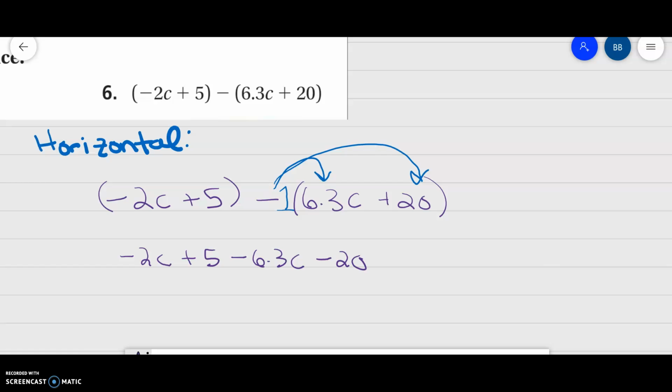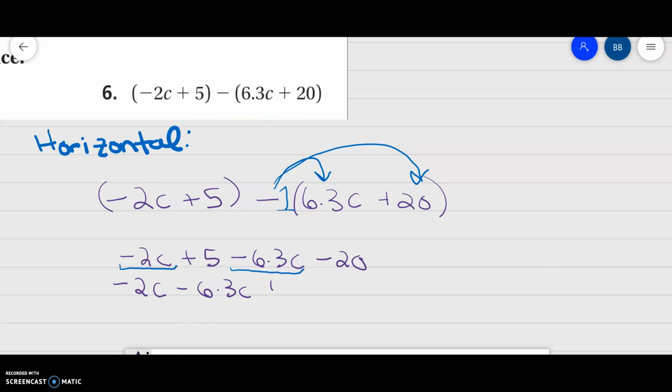I can do that by doing negative 1 times 20 or just showing it as subtract 20. All right, and now I can rearrange and put my like terms together. I'm going to put my c's together, and when I move this 6.3c next to the other c, I keep the sign in front of it. The sign in front of any variable sticks with it as you move things around.